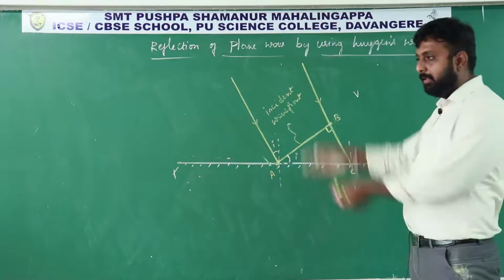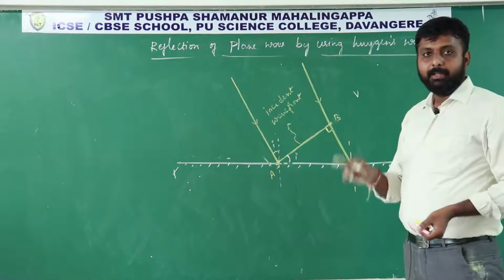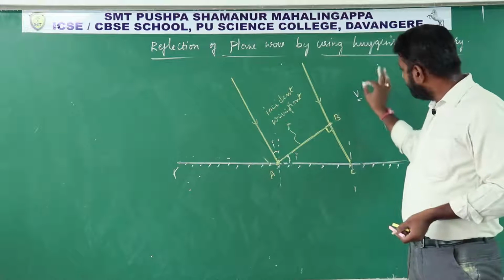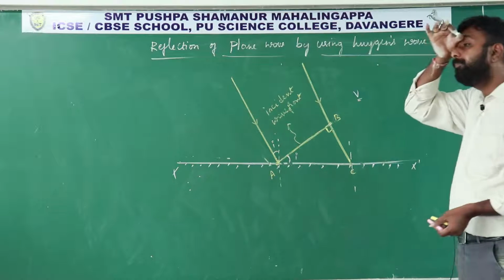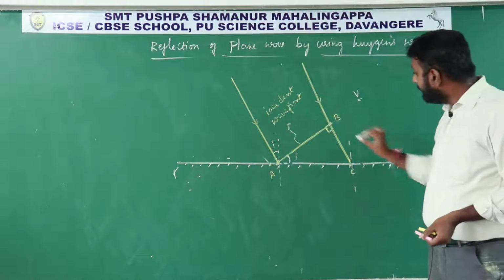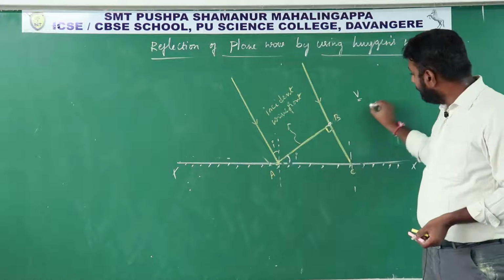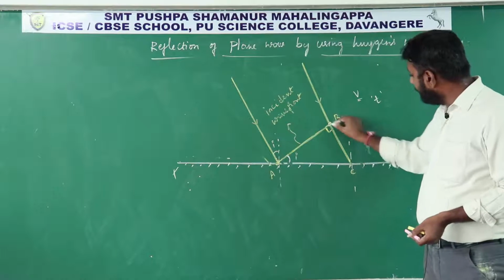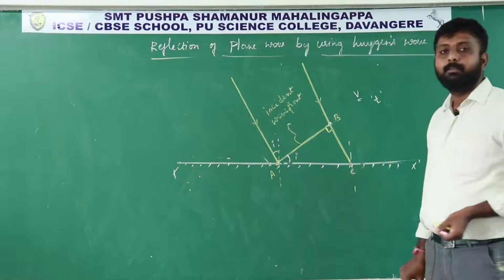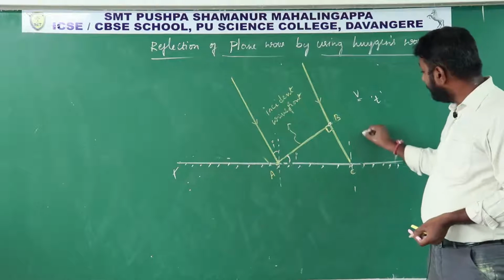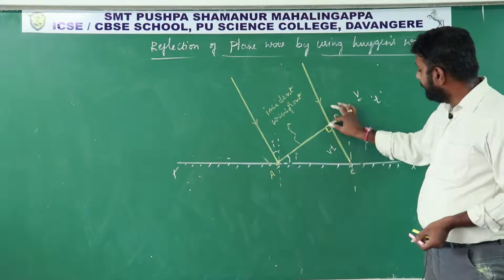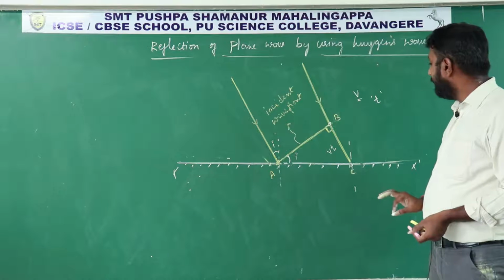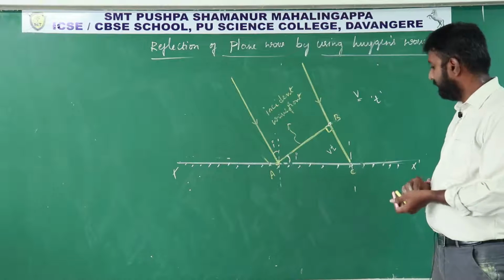The light will bounce back into the same medium, hence we will consider just the speed of light in this medium as v, and I will consider that the disturbance will take t time to reach from point B to point C. Then how much distance does it have to travel? It has to travel vt distance. So from B to C the light ray will travel vt distance.